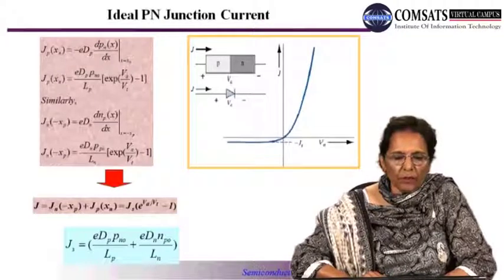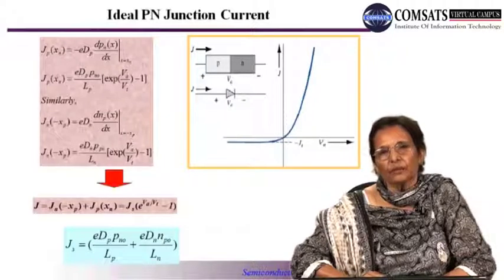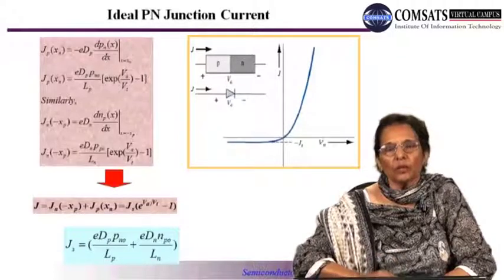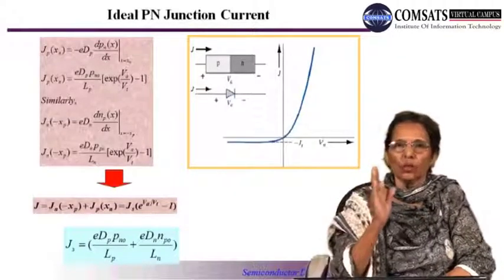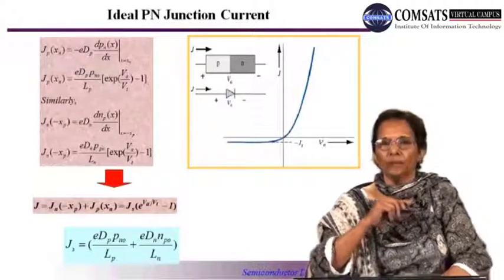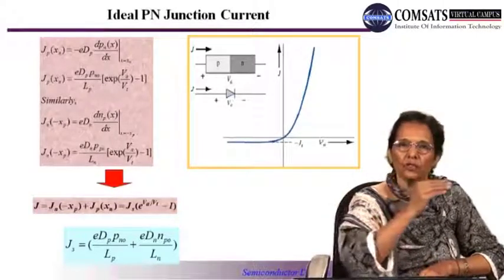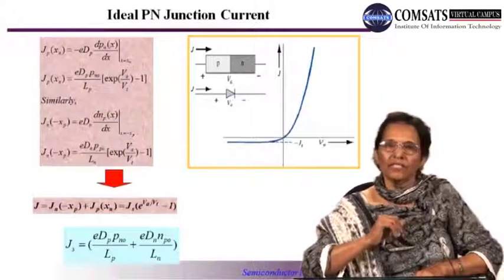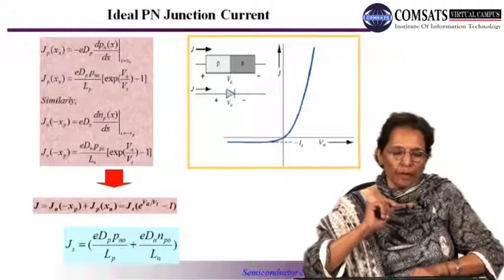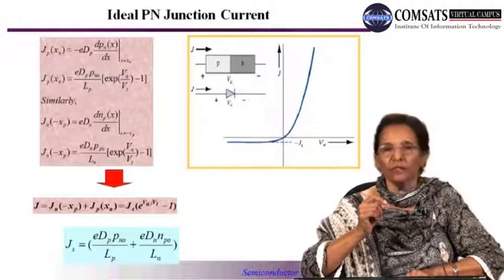So there is the hole current density on the N side of the PN junction. Once the holes enter the N-type region, they would diffuse, and as they diffuse across the N-side region, they would recombine with the electrons present there. And due to this recombination, their concentration would decrease.